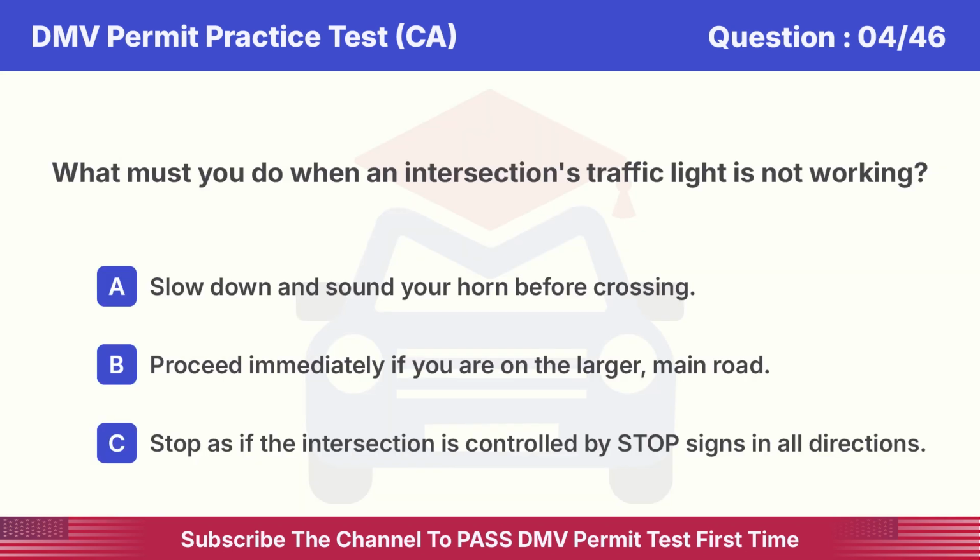Question 4. What must you do when an intersection's traffic light is not working? Option A, slow down and sound your horn before crossing. B, proceed immediately if you are on the larger, main road. C, stop as if the intersection is controlled by stop signs in all directions.